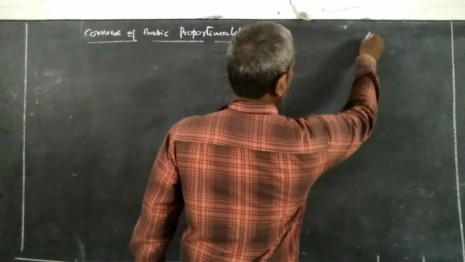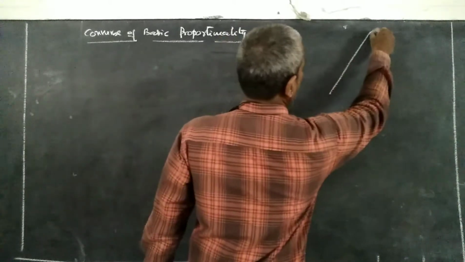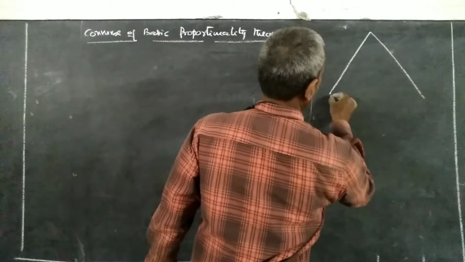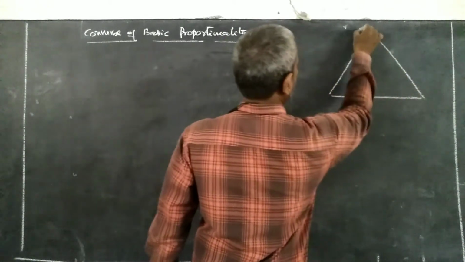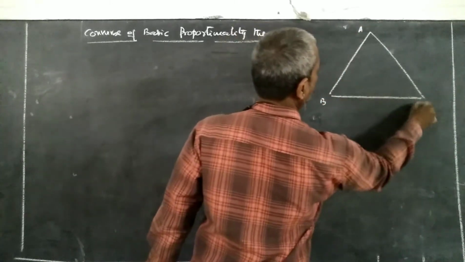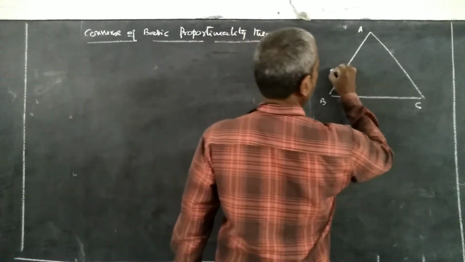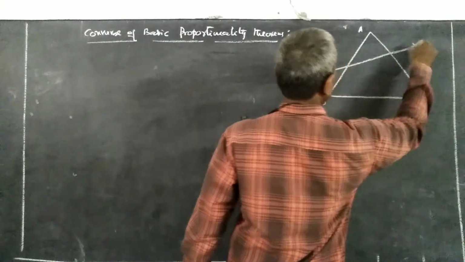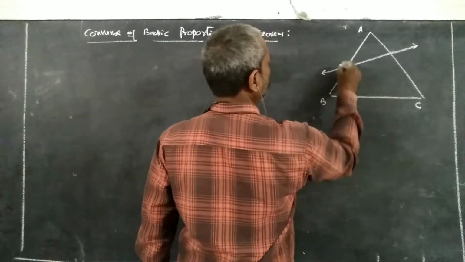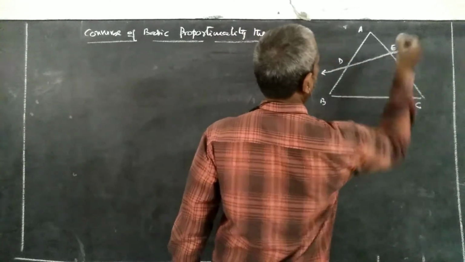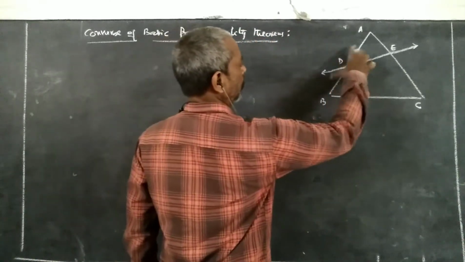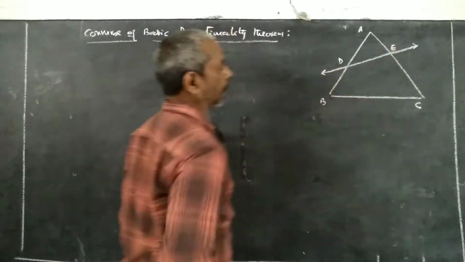So, take a triangle ABC. Let DE be a line that divides AB and AC in the same ratio.